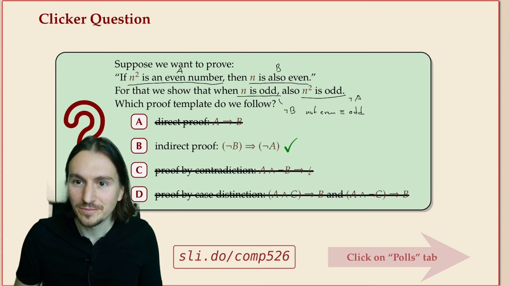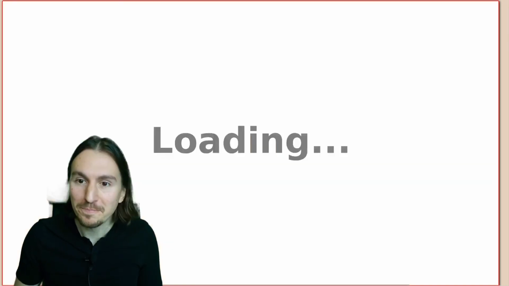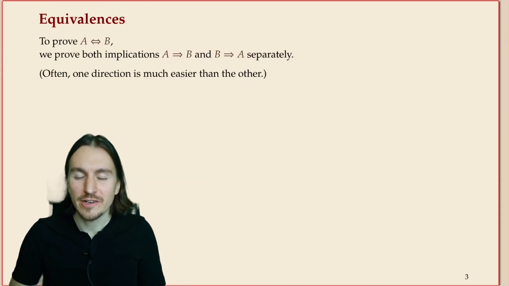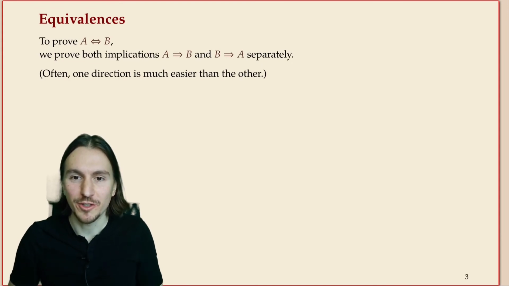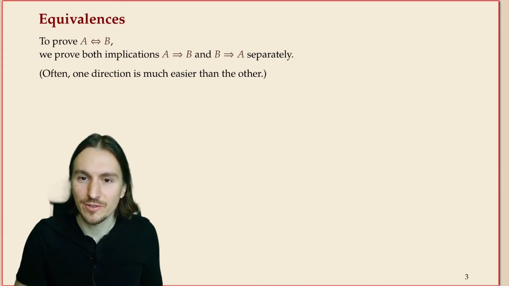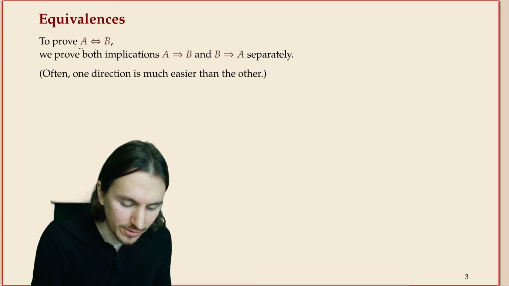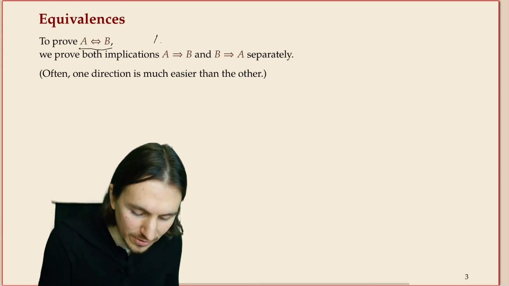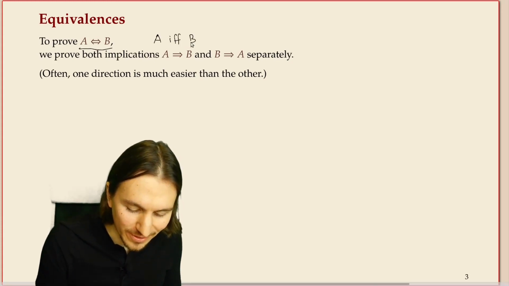And let's move on. There are other types of statements that we sometimes have to show. And one example is equivalences. We want to show that A is true exactly when B is true. That was A if and only if B, often written as this.